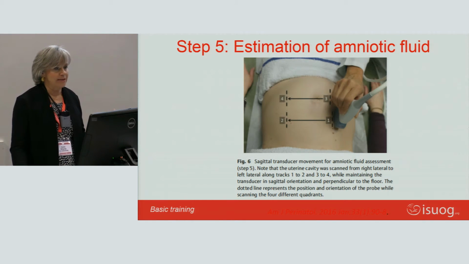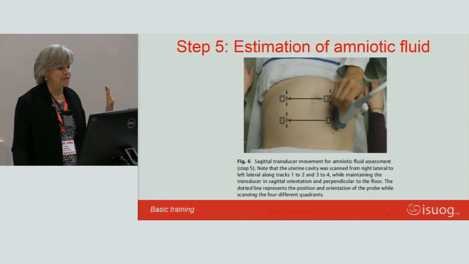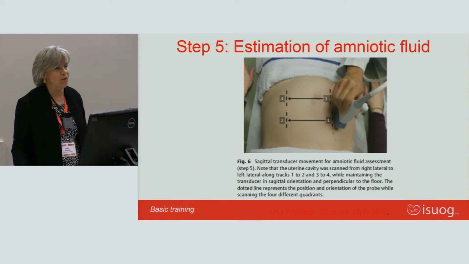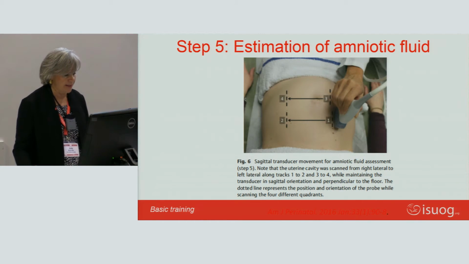Then there is another quadrant which is also towards the head of the mother but to her left. And then we have a third one which is below the level of the umbilicus on the right side of the mother, and a fourth one which is on the left side of the mother at the same height.